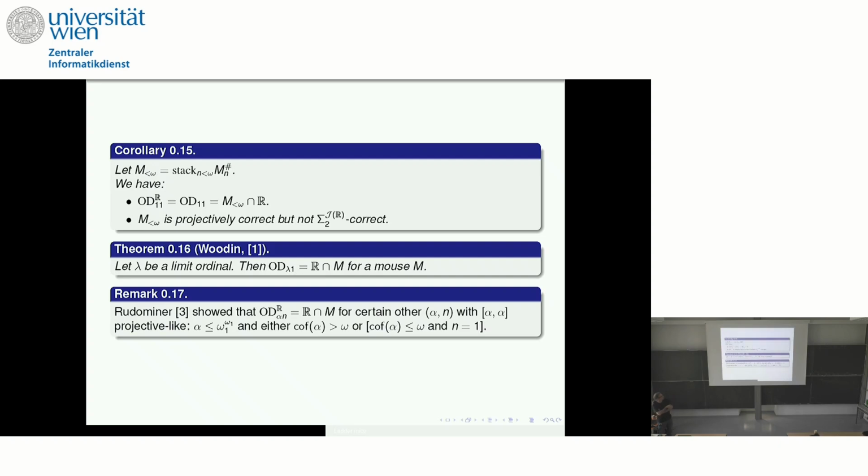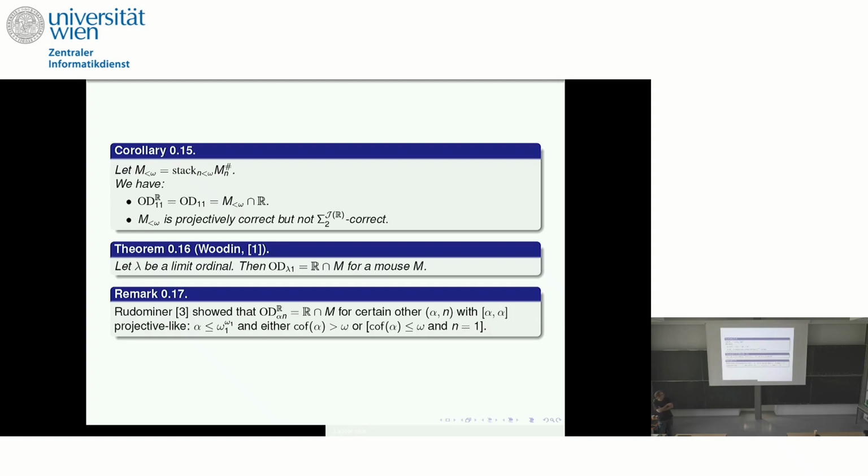Okay, Rudominer would prove a general fact about lots of levels of the L of R hierarchy. The OD lambda 1 is the reals of a mouse for every limit ordinal lambda, and his result was more general than this. Rudominer considered OD alpha n for certain other alpha n's, and showed that OD R alpha n is a mouse set. So, sorry, I didn't say what the M is. This is just another mouse here.